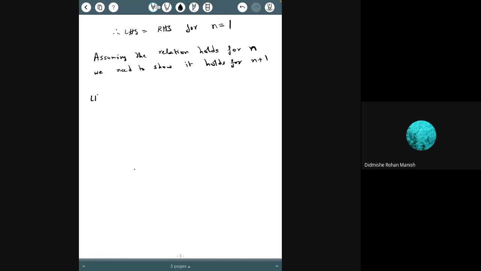So the left hand side for n plus 1 is y minus d/dy whole to the power n plus 1 e to the power minus y squared by 2. We'll work with the right hand side.